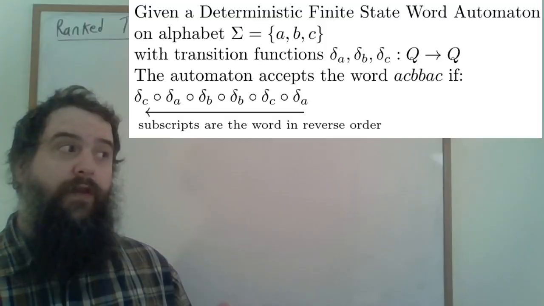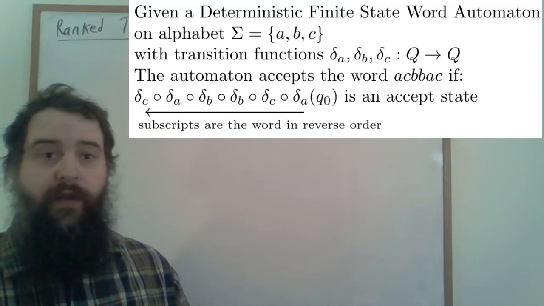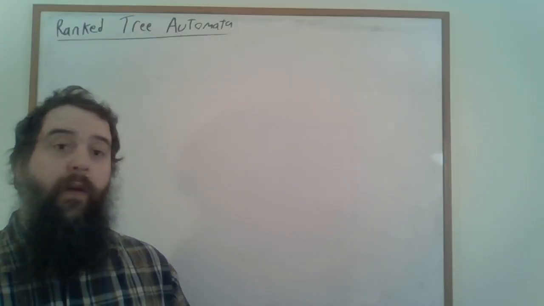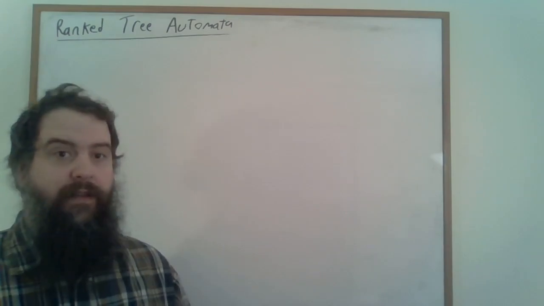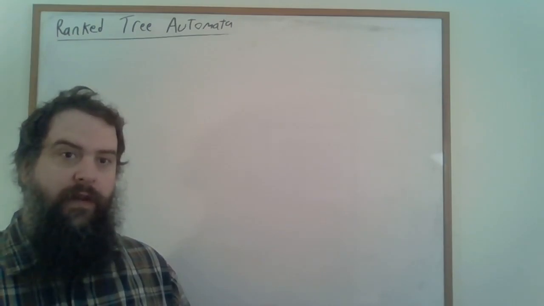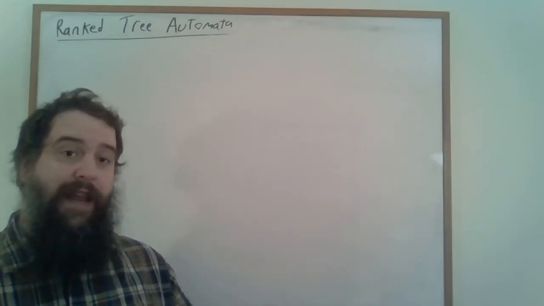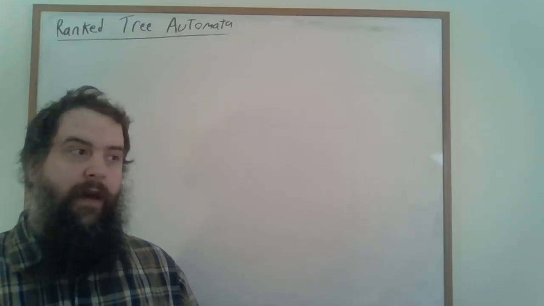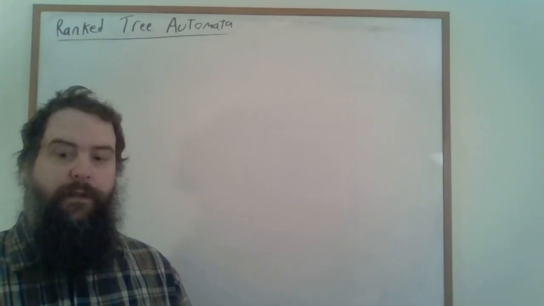And then we want to apply that composition to the start state and ask whether the result is an accept state. Well, exactly the same sort of thing happens in the ranked tree case. It's just that now, instead of talking about unary functions, we're talking about some sort of finite collection of functions that can have arbitrary arity that acts on the finite set of states and their compositions.